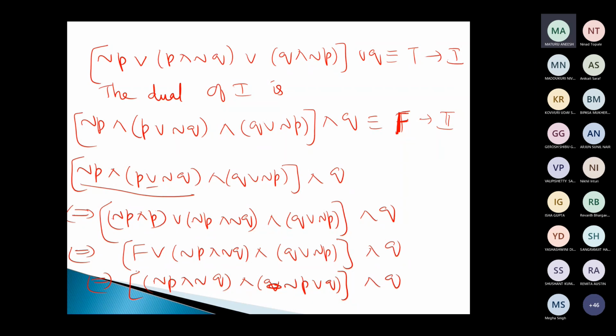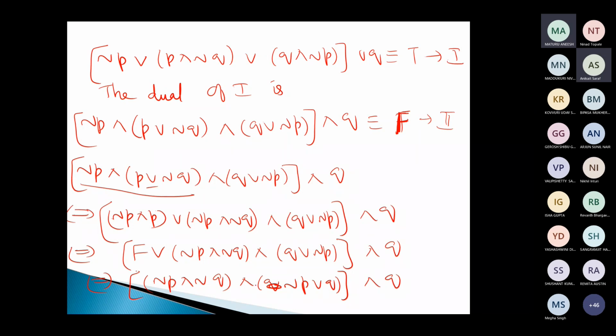Any other simplified way of doing this? Ma'am, we can take distributive again with Q. We can write it like this, right?